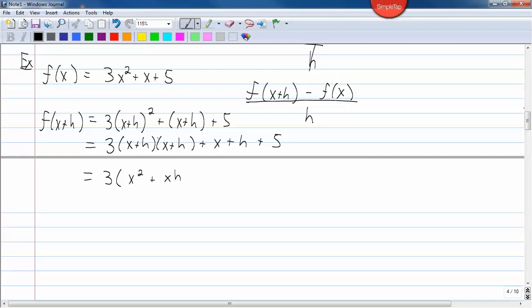Then h times x, that's hx, or the same thing as 1xh. And then multiply the last terms. H times h. That's going to give me h squared. Alright, so that's this thing folded out. First, outer, inner, last. Then plus x plus h plus 5.